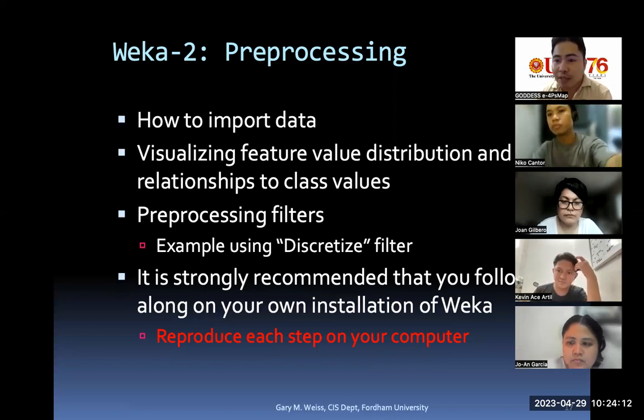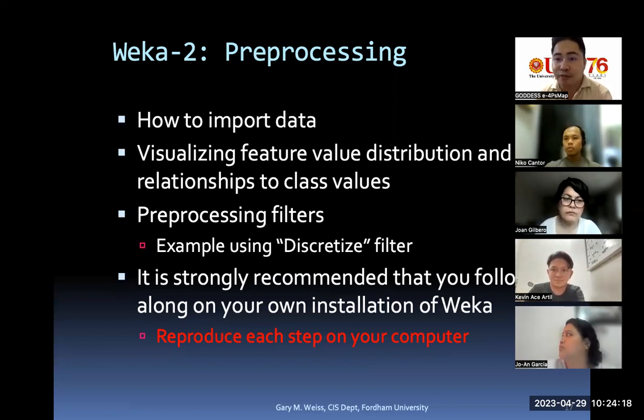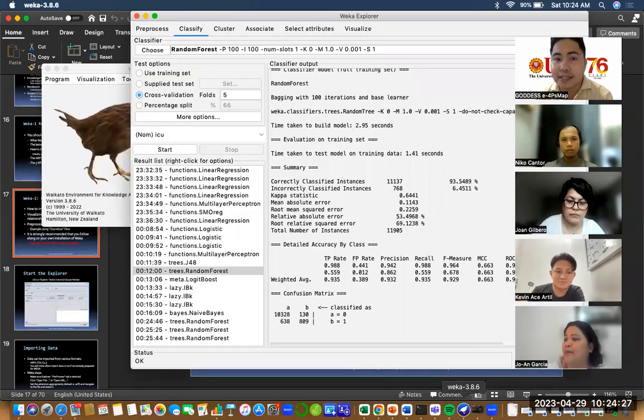But what I have given you is an XLSX file, the recent version of a Microsoft Excel file. So we're going to go to Weka and try if we can import that data set.